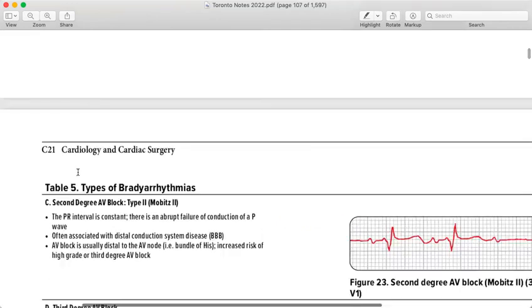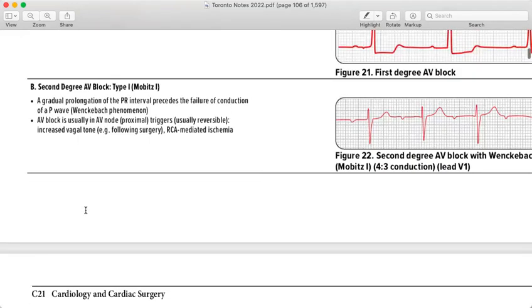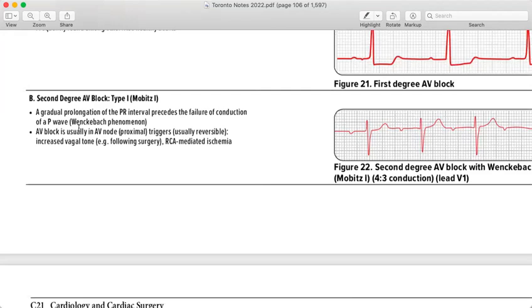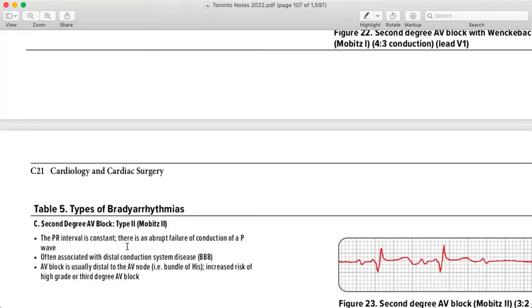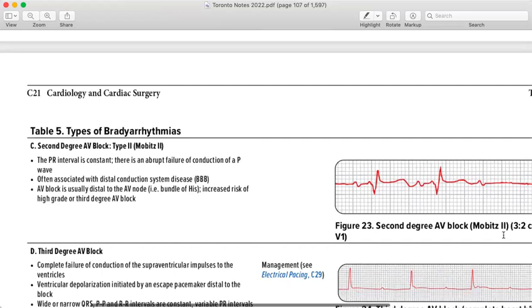So what is the difference between the second degree type 1 and type 2? Type 1 has PR prolongation, but in type 2, the PR is constant. PR will not change, but there is an abrupt failure of conduction. So more dropped P waves or QRS complexes will be there. Every 2 to 3 ratio or 3 to 2 ratio, there is a drop.